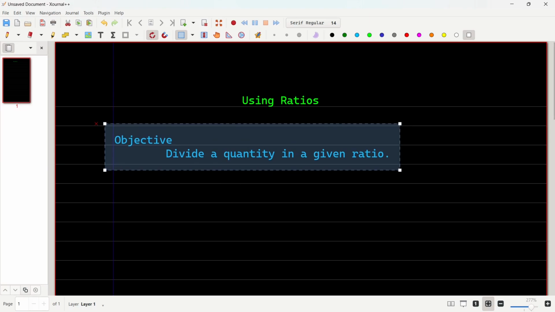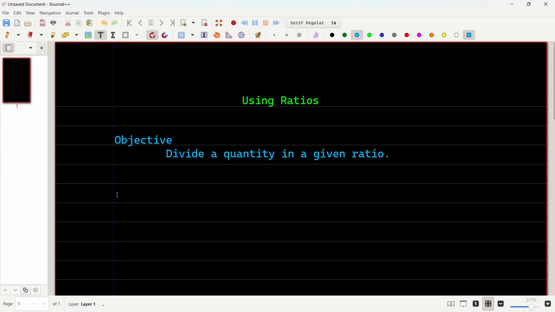All right, so first off, let's talk about using ratios. First thing I want you to do is consider a particular ratio. So let's say consider the ratio of 2 to 3 to 1.